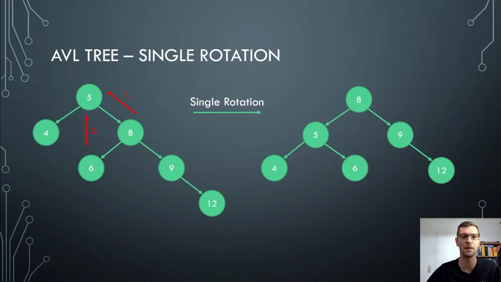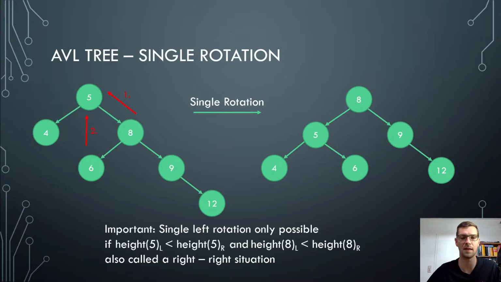This subtree must be smaller or equal than the right subtree of the 8, and that is written down here. So we have a left rotation, there's also a right rotation that mirrors this behavior, and the left subtree of the 8 must be smaller than the right subtree of the 8.